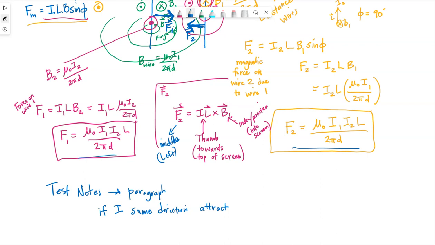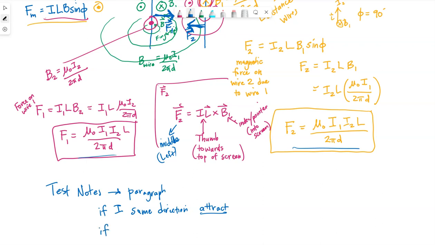But because this is written out in the paragraph right above the equation, we can just use that. We don't have to do the right-hand rule again, though we can. If the current is in the same direction, they're going to attract.